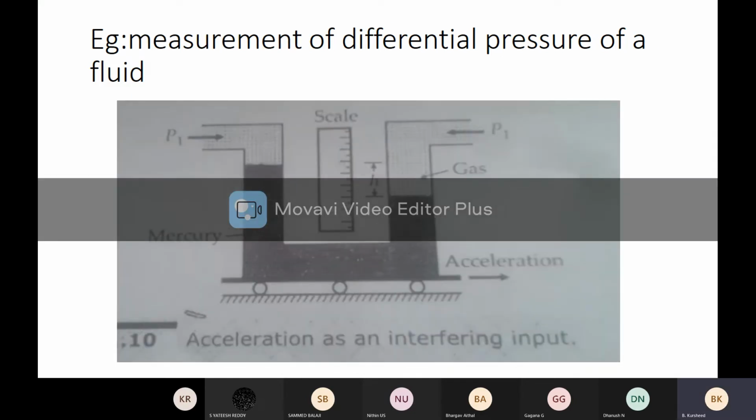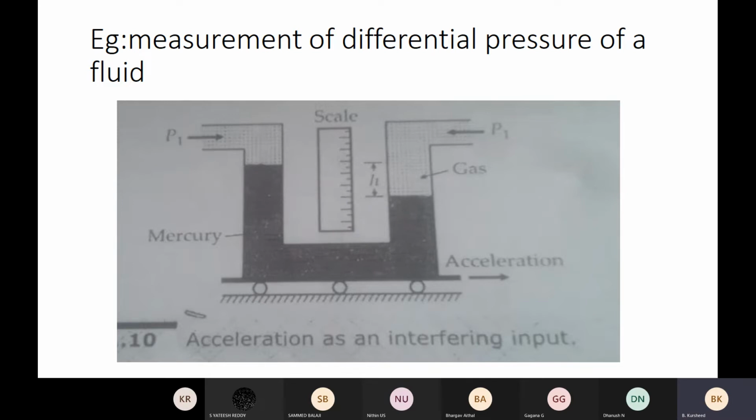These are the two reasons. One reason is acceleration when it is mounted on a vehicle. As the vehicle moves, there will be an acceleration, right?